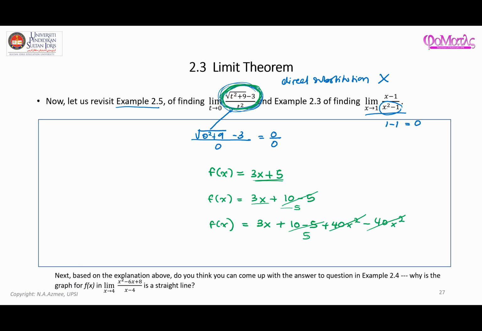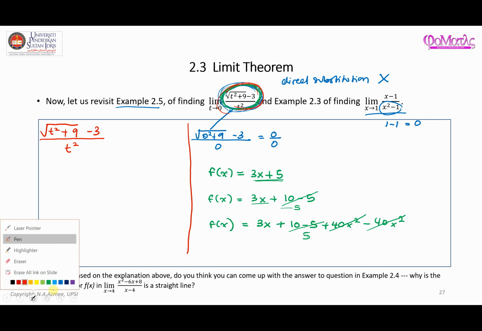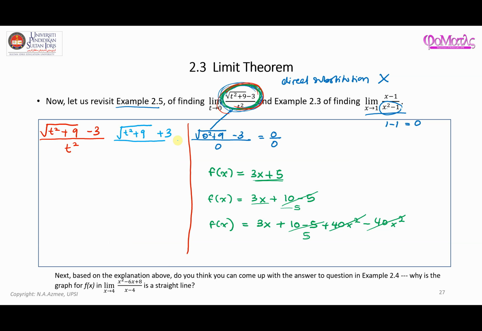Okay, so let's start with this function here. How are we going to change the look of this function? Let's say we have this function, the square root of t squared plus 9, minus 3, over t squared. Now what I can do is introduce something multiplied with it: the square root of t squared plus 9, plus 3, over the square root of t squared plus 9, plus 3.